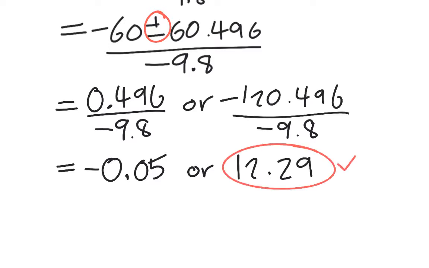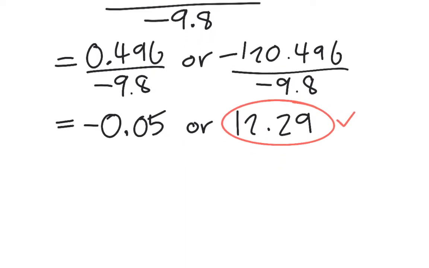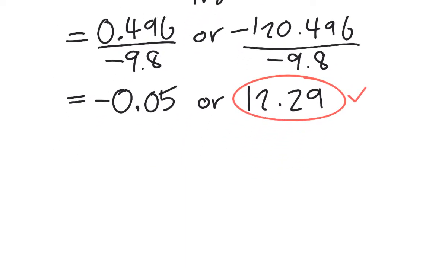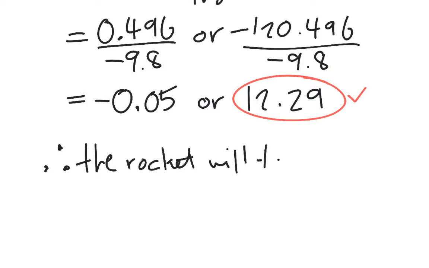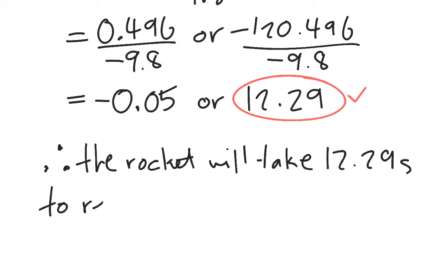So this is the value that we're going to accept. And let's just do a quick therefore statement. Therefore, the rocket will take 12.29 seconds to return to Earth.